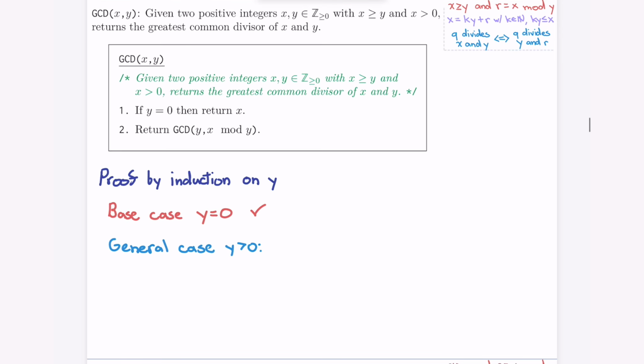So let's try to reanalyze the running time for this more aggressive algorithm. I'll skip the base case, that's clear. If y equals 0, we're done. How can I try to justify we're making a lot of progress?